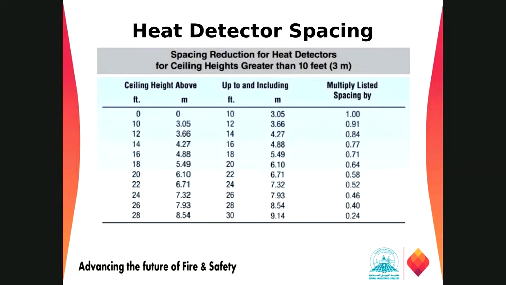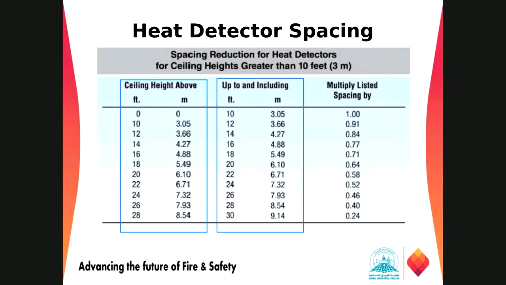But as the height goes up, let's say it is recommended for 3 meters and you are installing at 10 meters, for that we have to use some factors, right? Let's say this is our ceiling height in feet and meters. Up to 3 meters, it is multiplied by 1 because it is listed for 3 meters.